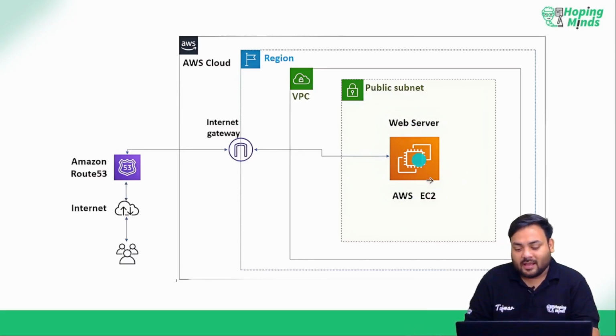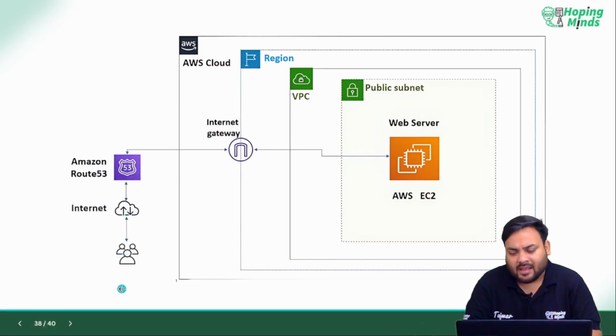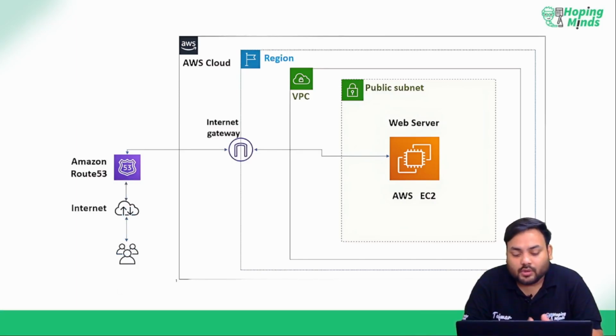As you can see, we have a web server, which is AWS EC2, inside a public subnet, then a VPC, then a region, and then Amazon Route 53 and the internet. I'm not saying this is the structure of EC2, but I'm showing you how EC2 is centralized and connected to other AWS services.